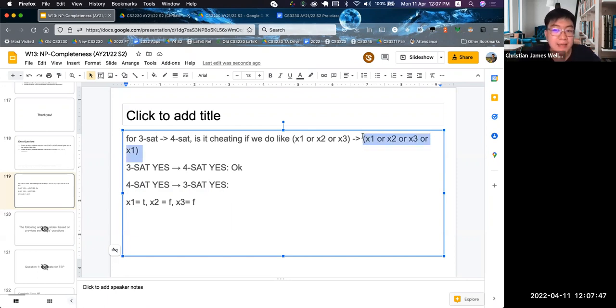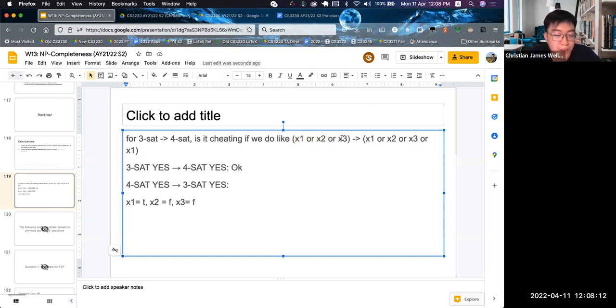It means that one of these must be true, right? We don't know which one, x1, x2, or x3, or the final x1 again. We don't have control over the last one, but we know that at least one of them is true. So therefore, the tree set instance has to be satisfied as well, because one of x1, x2, or x3 is true.